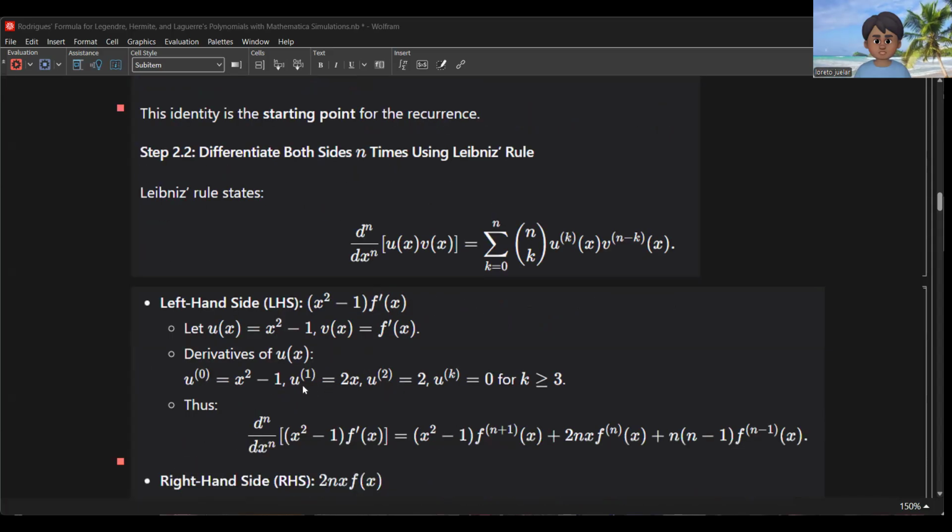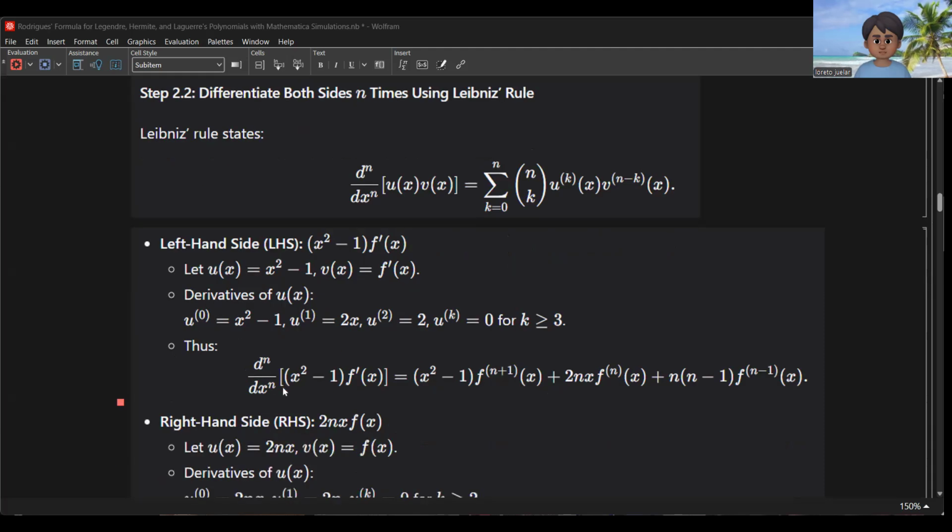Now the derivatives of u of x: given u of x equal to x squared minus 1, the first derivative is 2x, and the second derivative is the derivative of 2x, which is 2. So the k-th derivative of u is equal to 0 for k greater than or equal to 3.